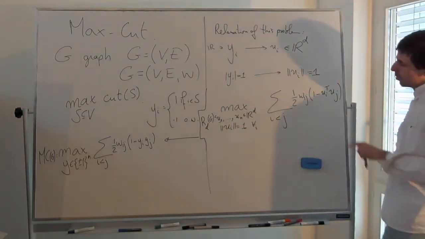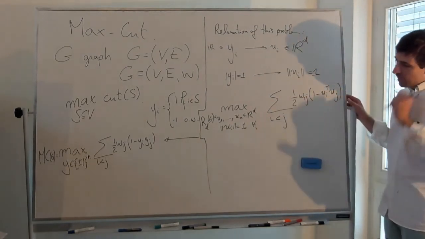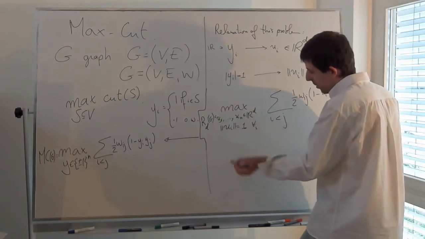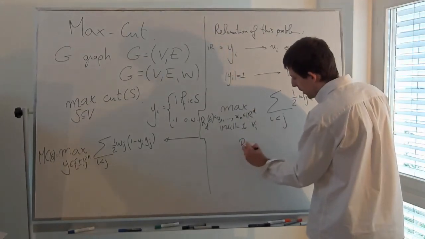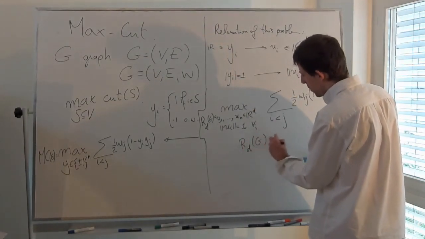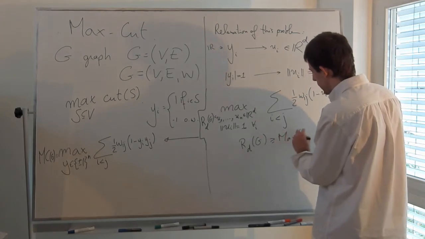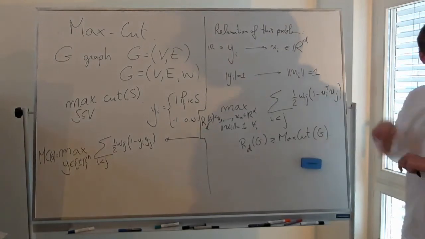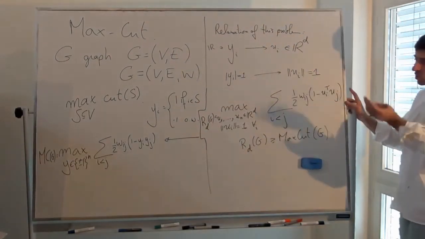So now, why is this a relaxation? We want to argue that the search space is bigger. In particular, we'd like to argue that the relaxation R^d of G is bigger than the max cut. And that's easy to see, because you can just constrain yourself.